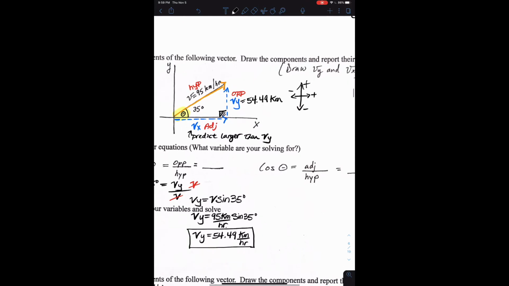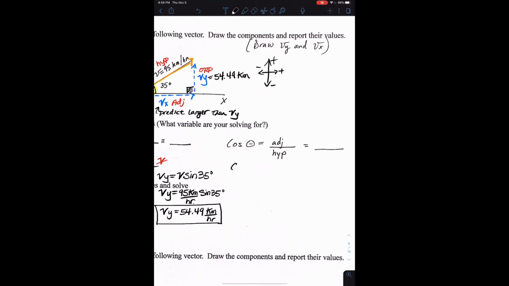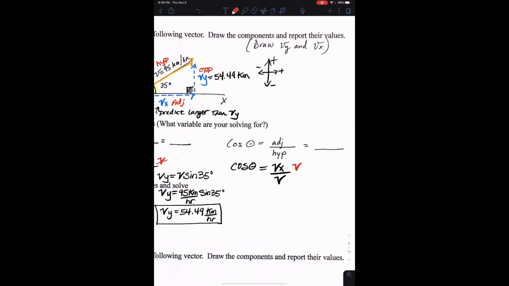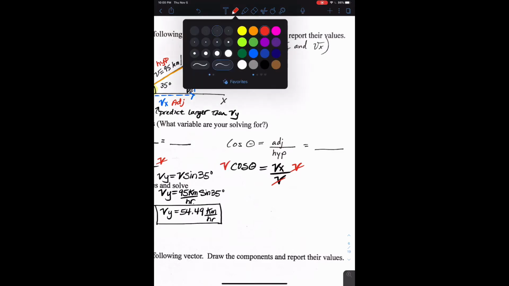Okay, let's go ahead and get the next one. Cosine of theta is equal to the adjacent, Vx, divided by the hip, which is V. I'm resisting the urge to put numbers in right away, just because I think it's kind of neat sometimes when we don't.